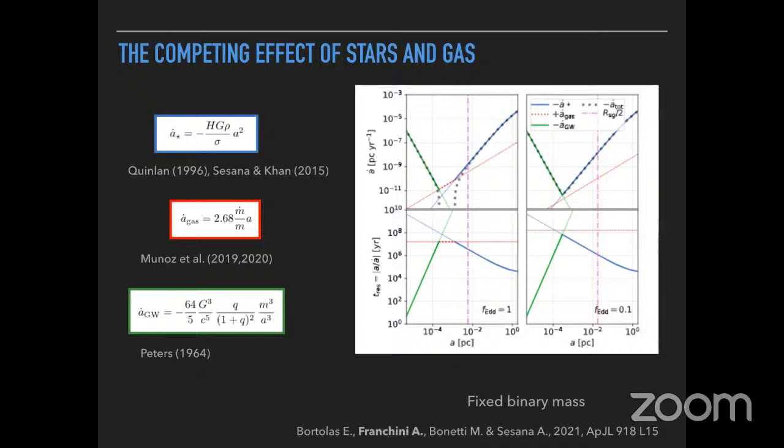You can see that the gas, which is the red line, plays a role only if the binary is accreting at least at Eddington. If below that, the gas is always below the stellar hardening, which is in blue, and the gravitational wave hardening, which is in green. So this already narrows down the region of the parameter space. The binary needs to be accreting at least at Eddington.